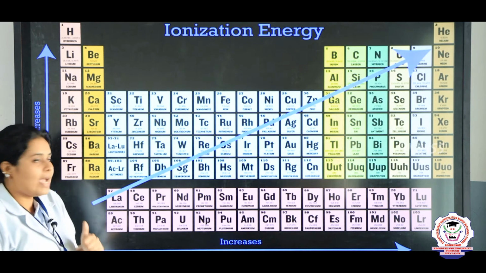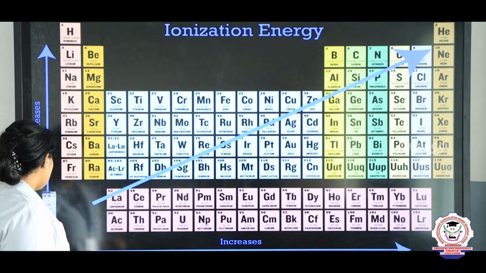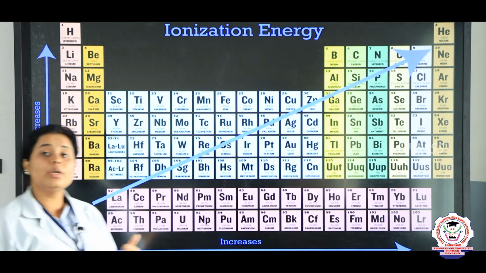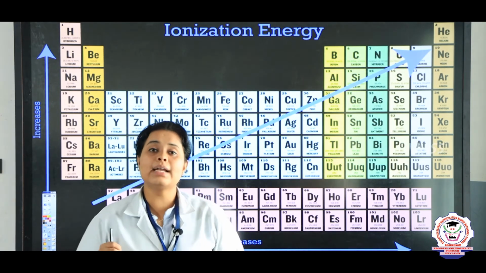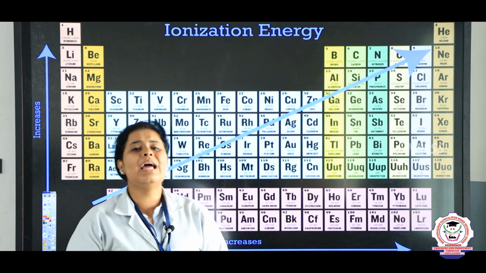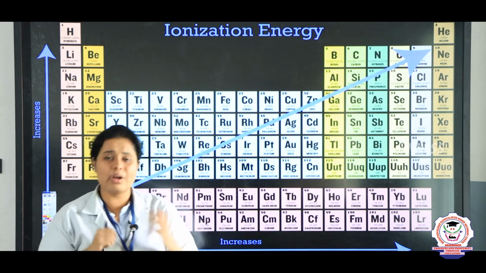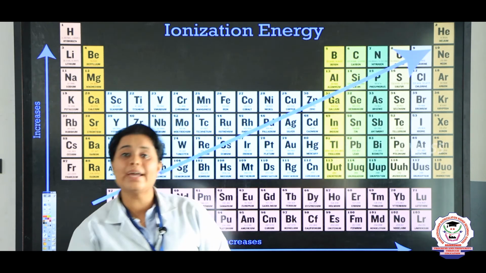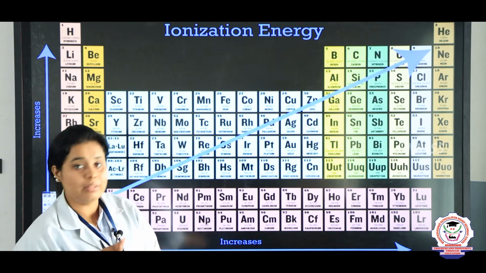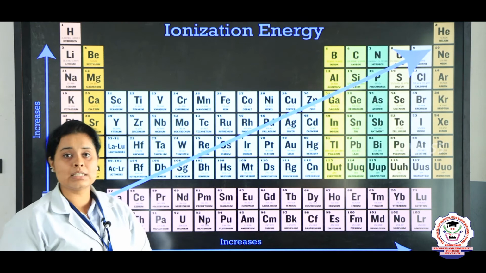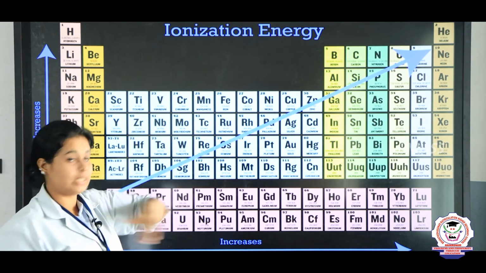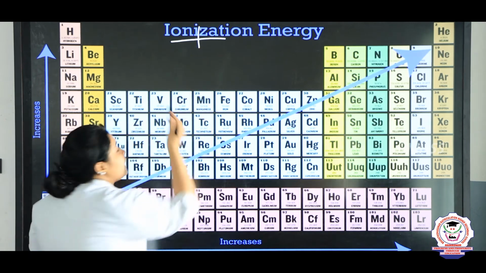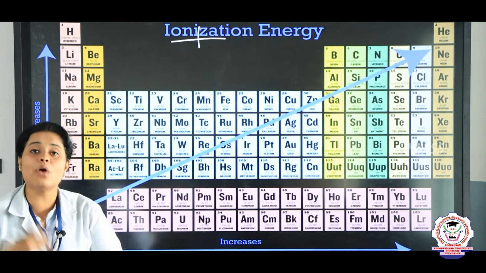Now let's see what is ionization energy. Children, ionization energy means whenever you are taking an atom, in that atom the last shell will have some number of electrons. How much energy is required to remove that electron, that energy is known as ionization energy. Ionization, there is formation of an ion.